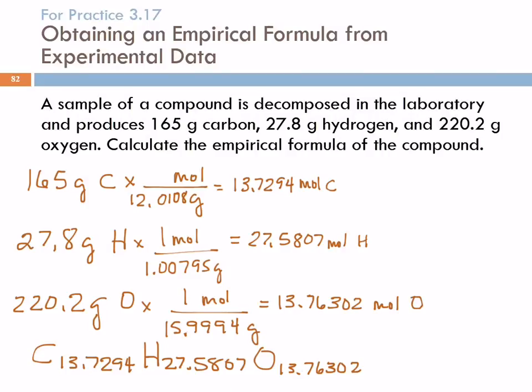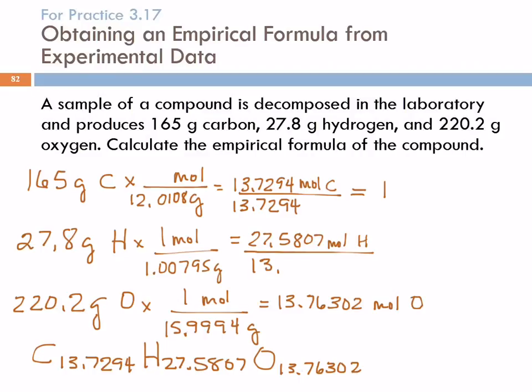And the way we get them to be whole numbers is by dividing them all by the smallest number. So I look at these. I've got 13.72, 13.76. This is the smallest one. So I'm going to take all of these and divide by the smallest so that I get ratios. That is going to be exactly 1.